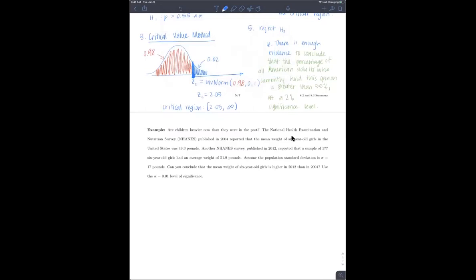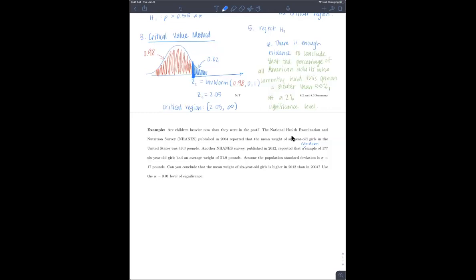Another survey in 2012 reported that a sample of 177 girls, and again, let's pretend this says random, had a mean weight of 51.9 pounds. The population standard deviation is 17 pounds. Can you conclude that the mean weight is higher in 2012 than in 2004? Use the alpha equals 0.01 level of significance.